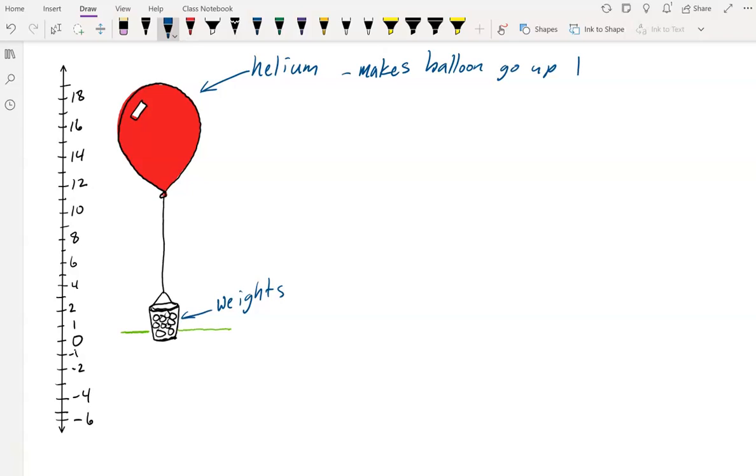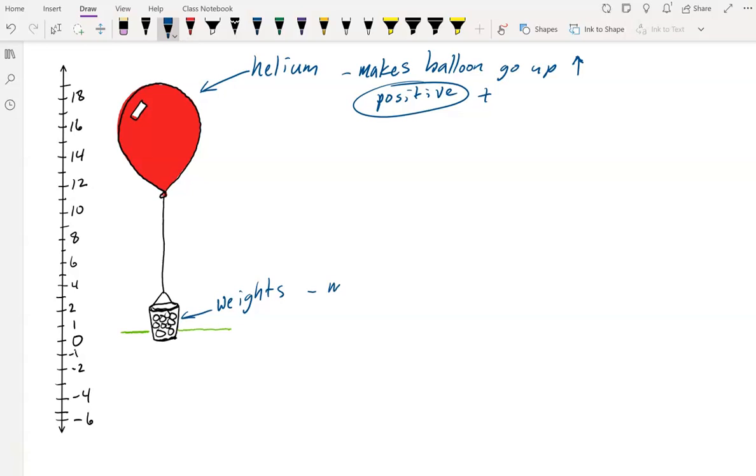Of course. So if it is increasing the height or the elevation of the balloon, that must mean that helium, in this case, is going to represent positive integers because they make the balloon go up. Positive integers. Okay?